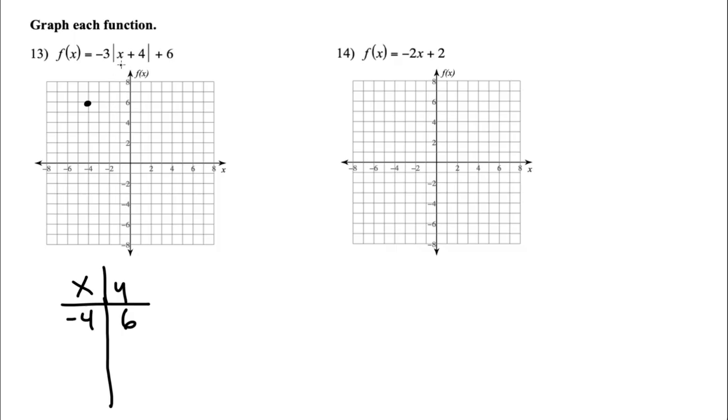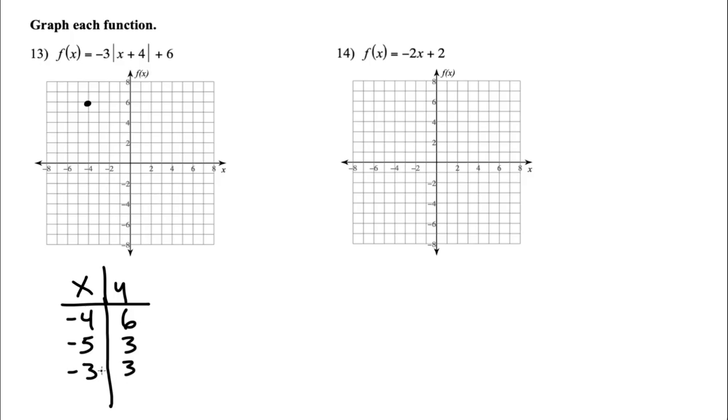Then, as I put in a number 1 bigger or 1 smaller, so let's put in negative 5 and negative 3. In both cases, that makes this part in here 1 and negative 1. Negative 5 plus 4 is negative 1. Negative 3 plus 4 is positive 1, but the absolute value makes this whole thing 1. Times negative 3 is negative 3 plus 6 would be positive 3, excuse me.